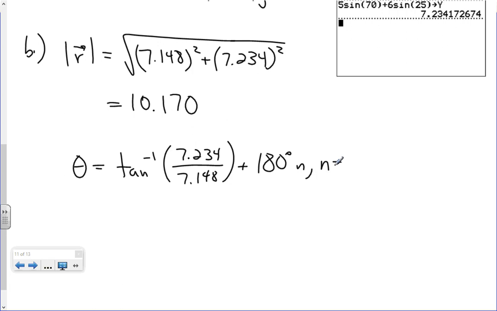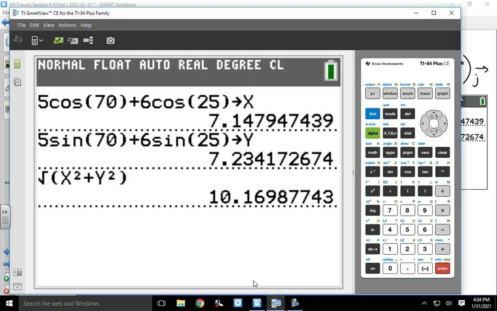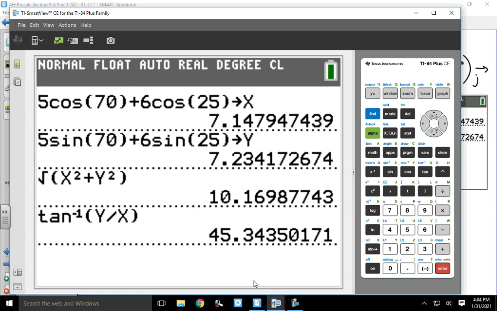And in quadrant 1, I can let n equal 0. Now let's calculate that. The nice thing about storing these as x and y on my calculator is now I can simply take the tangent inverse of the y value divided by x. I'm letting n be 0, so don't worry about adding on 180 times 0, but otherwise you'd have to add a 180 on there.